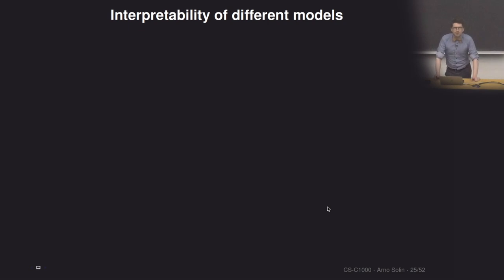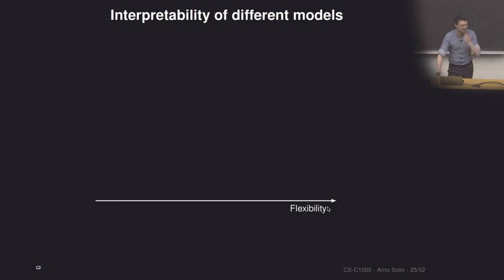I talked about black box and white box models, how easy it is to look into the model and understand what's happening. That relates to how easy it is to interpret the models, and that goes with something I call flexibility. There's a cost for flexibility, but also a need for it.